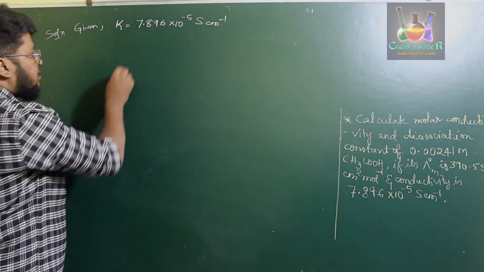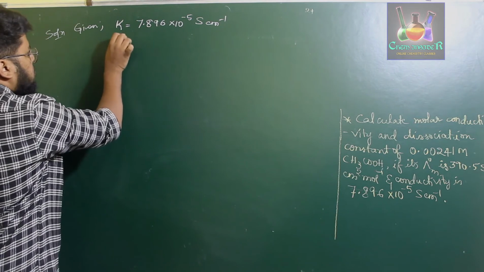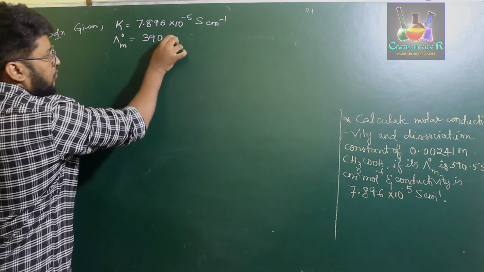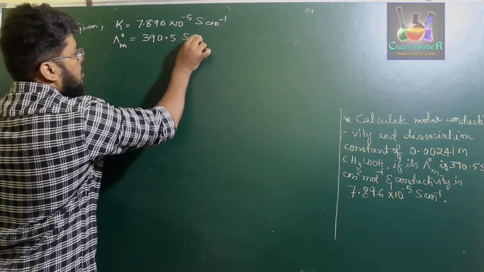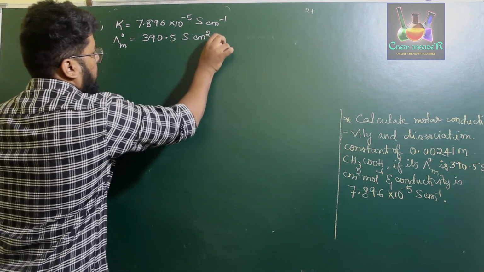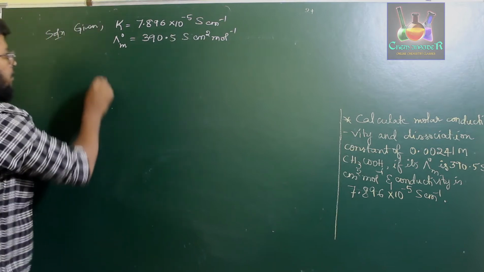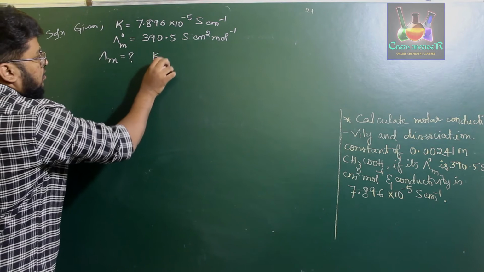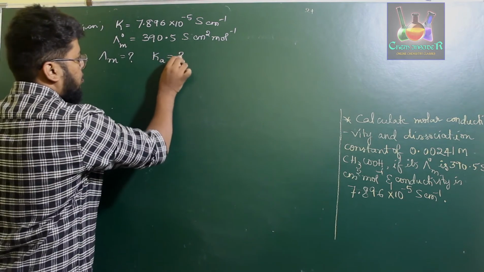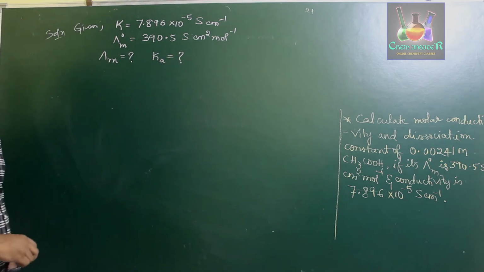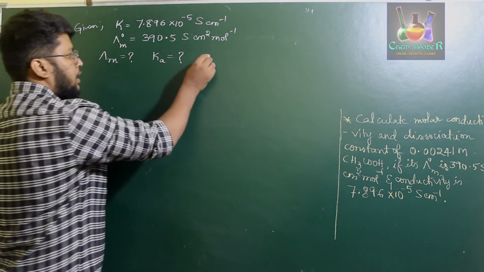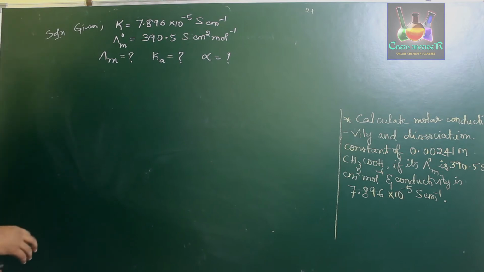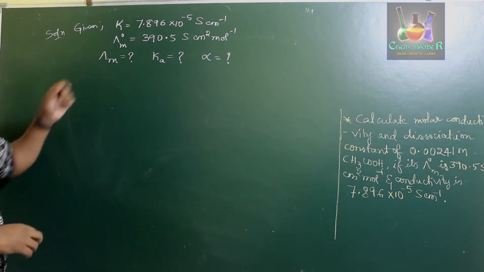Next, they have given us the lambda m naught value, which is equal to 390.5 Siemens centimeter square per mole. Now they have asked us to calculate the lambda m value and also the dissociation constant value. If you have to find the dissociation constant value, you need to know the value of the degree of dissociation also, right? First, let us calculate the molar conductivity.